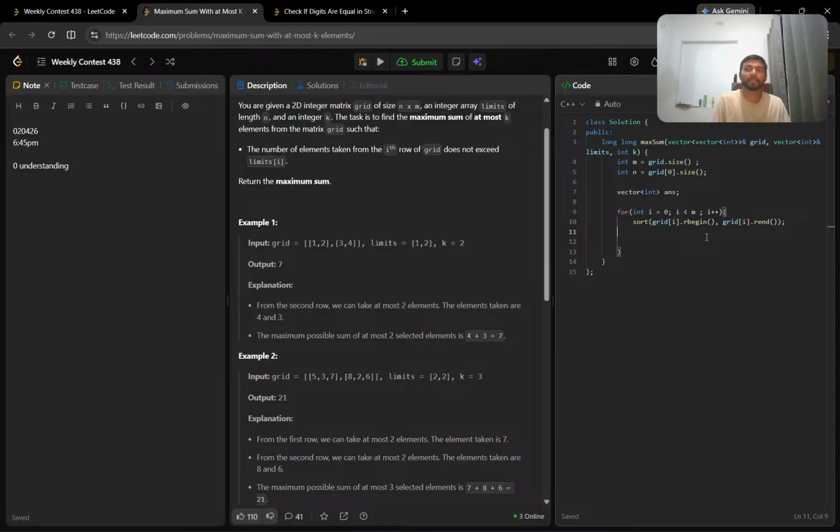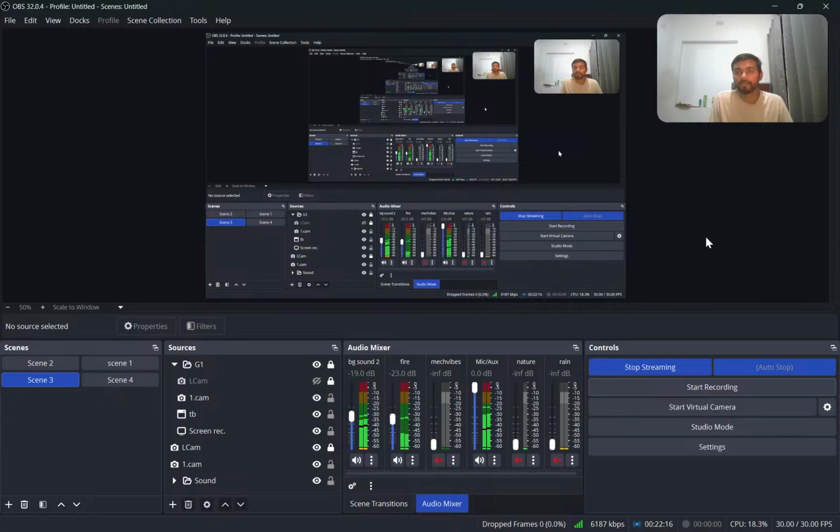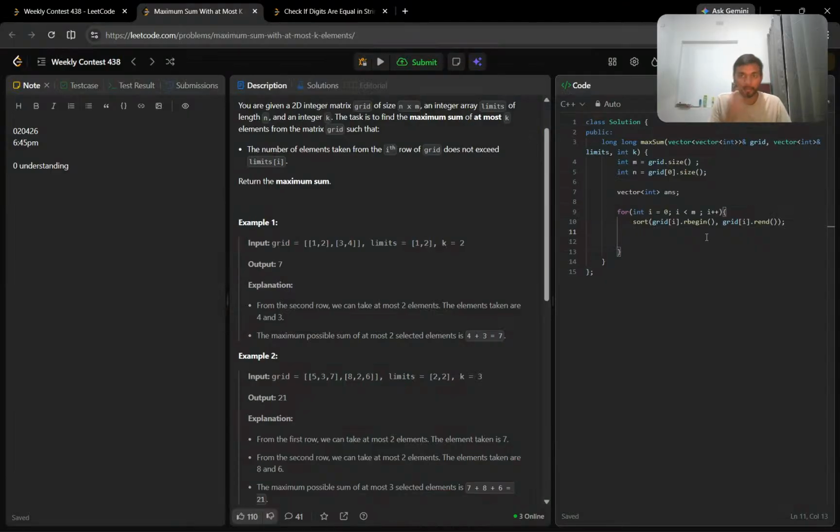Okay, then what we can do is for j up to the limits of I, j plus plus, and store it.